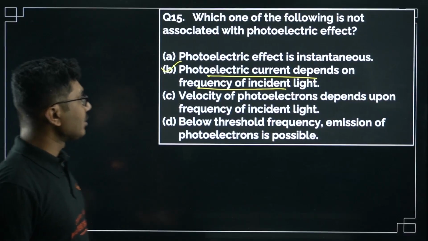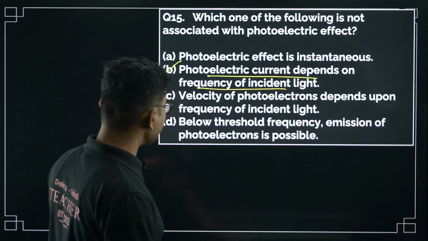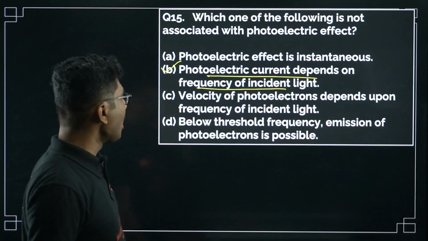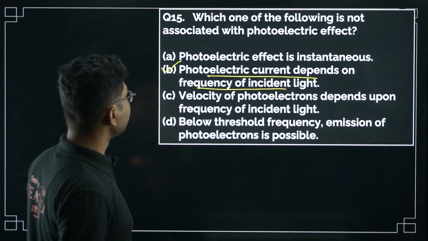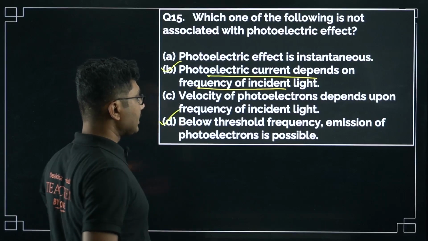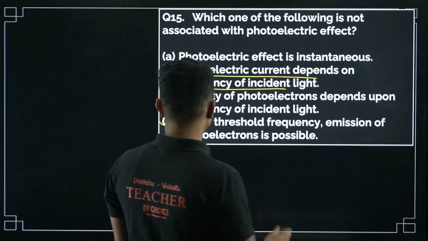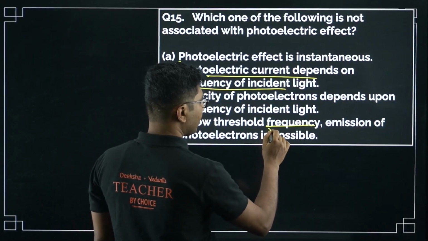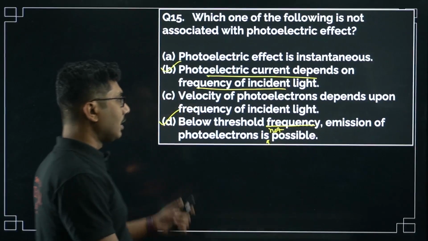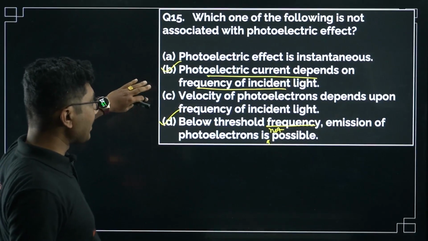Velocity of photoelectrons depends upon the frequency. Yes. Below the threshold frequency, emission of photoelectrons is not possible. So this is also correct. Anyway, there may be some typing error.